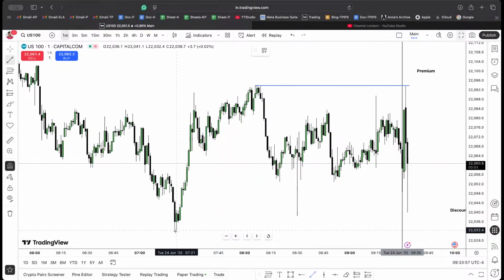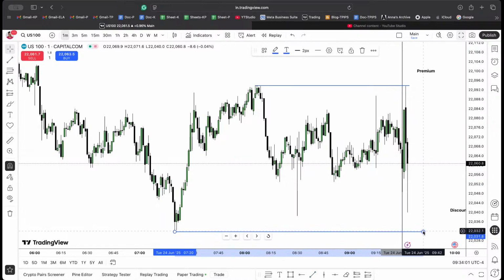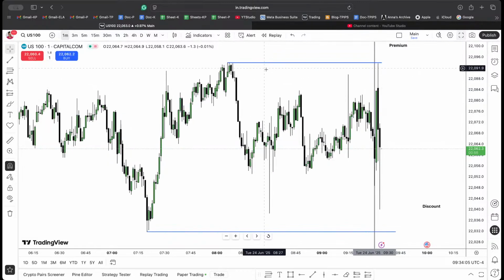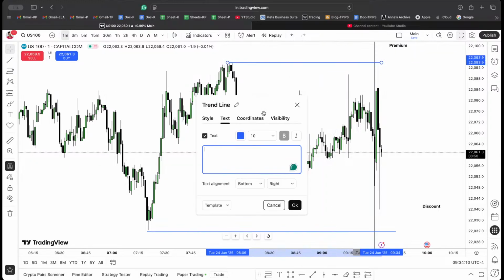They're also outlining the liquidity, which is probably sitting out here. This is the buy side liquidity, and I can annotate various parts of the market.